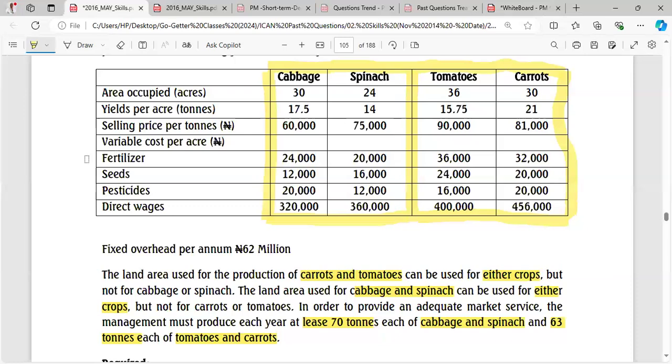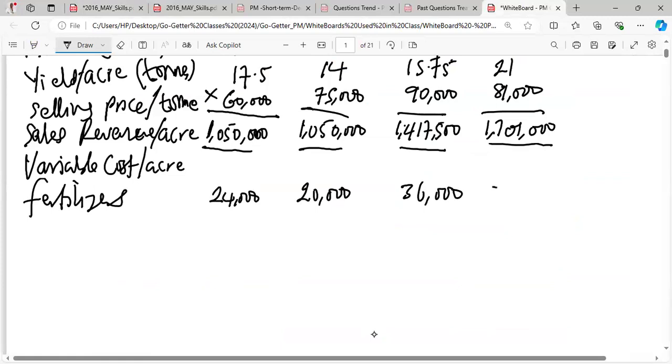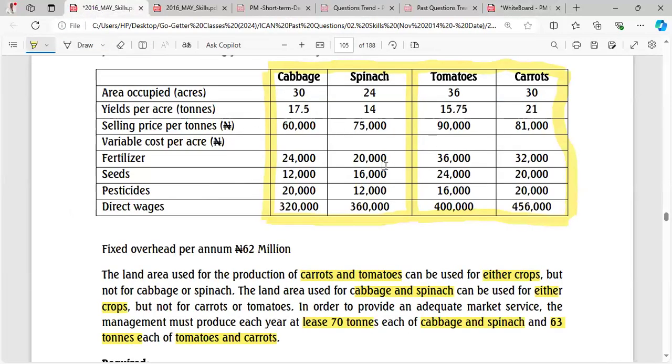So let's go for the variable cost per acre. We have fertilizers. Fertilizers here is 24, 20, 36, 32. Okay, so that's for fertilizers.